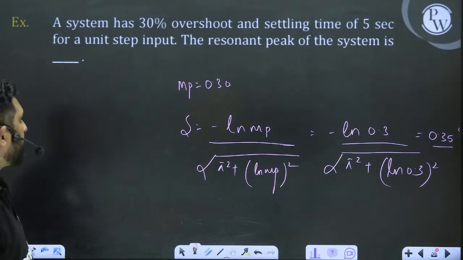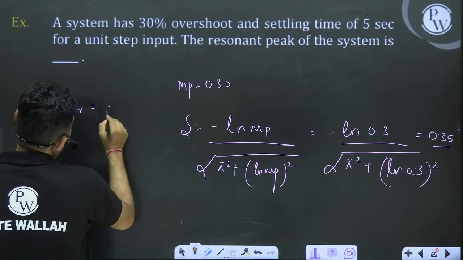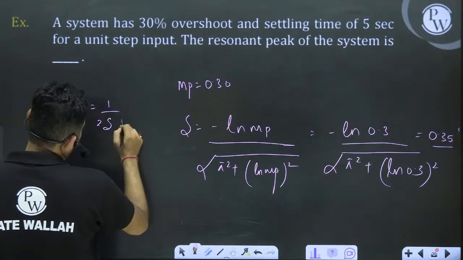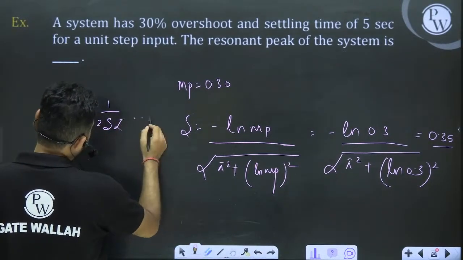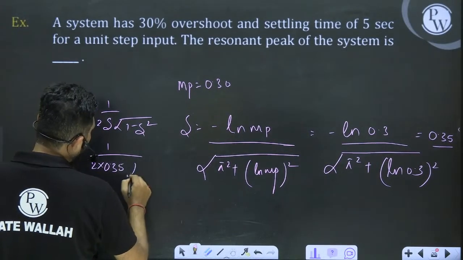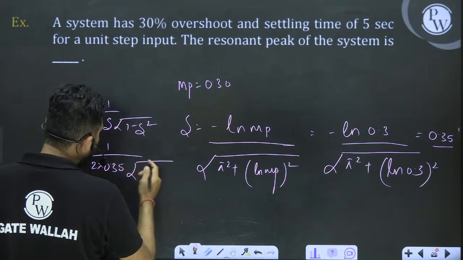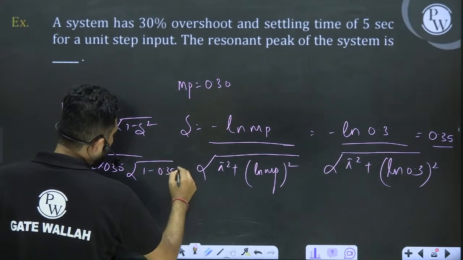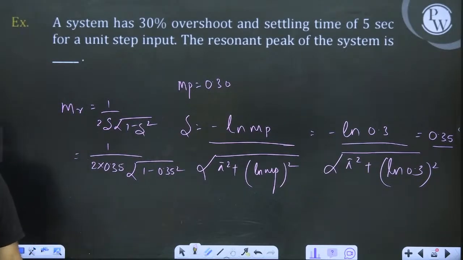The resonant peak means MR is 1 by 2 zeta root of 1 minus zeta square. 1 by 2 into 0.35 into root of 1 minus 0.35 whole square. 1.52, I think so.